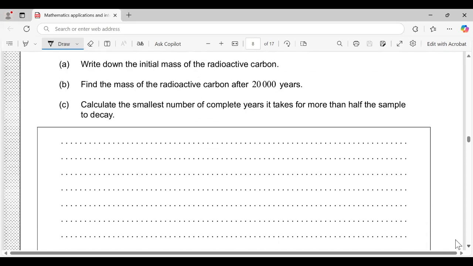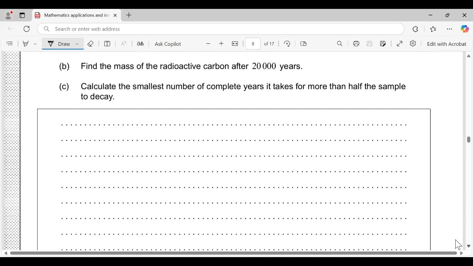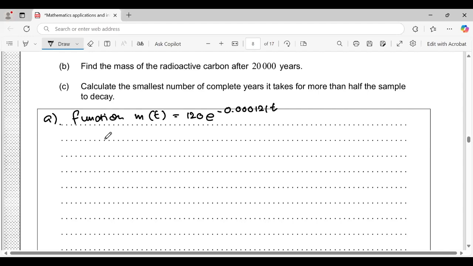Okay, so the function is M(t) equals 120 e to the power minus 0.000121 t.